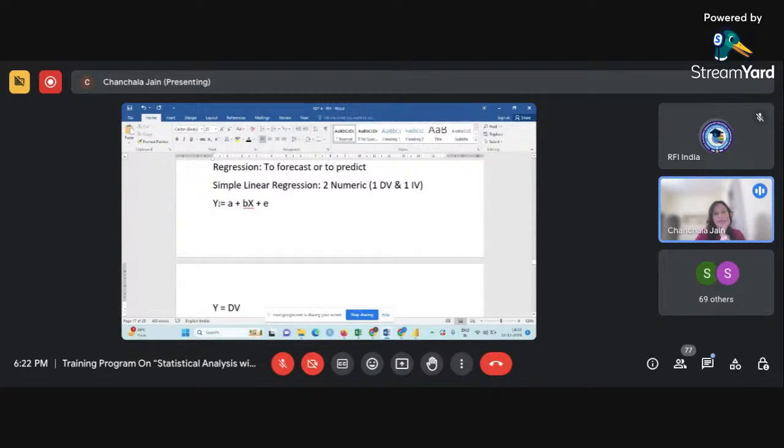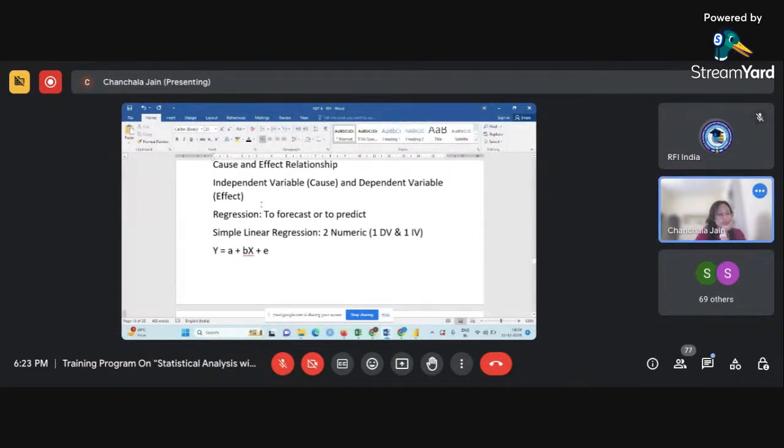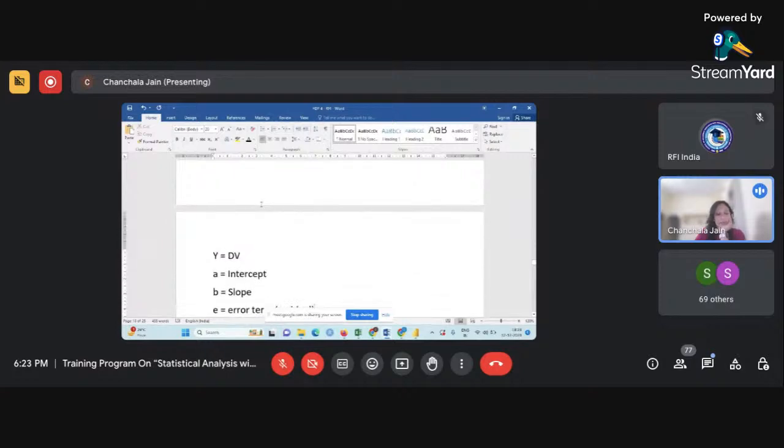Y is the dependent variable, a is the intercept, b is the slope, x is the independent variable, and e is your error. Is it clear? So this is known as simple linear regression, right?